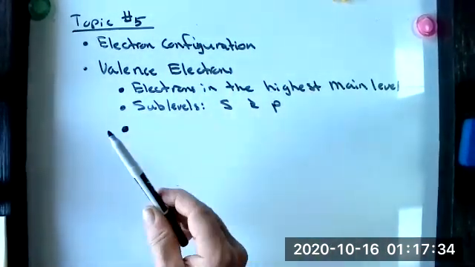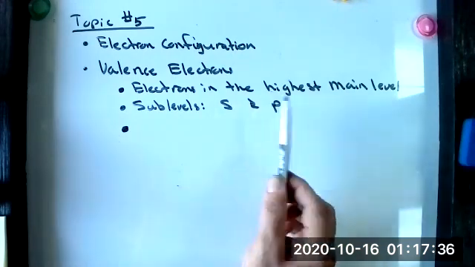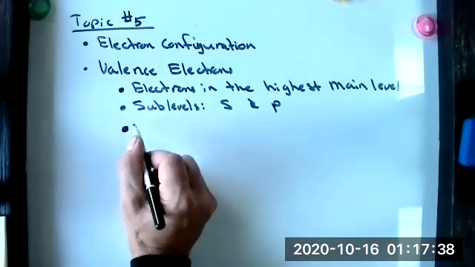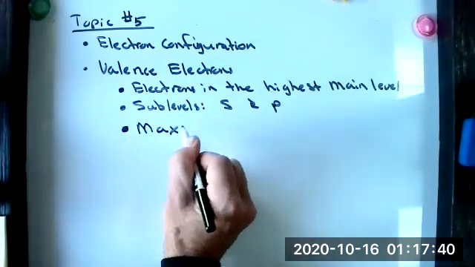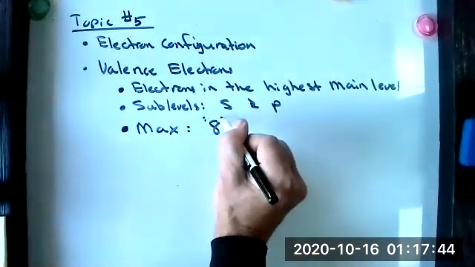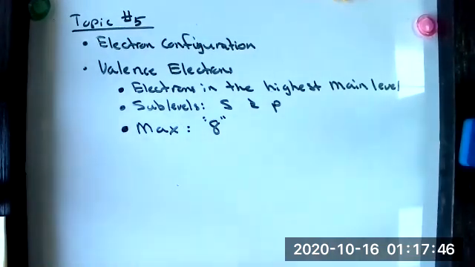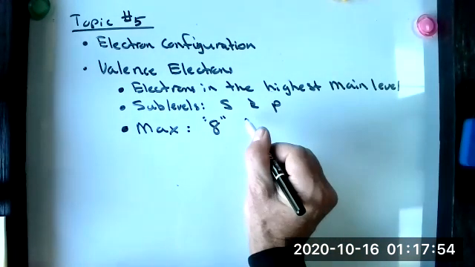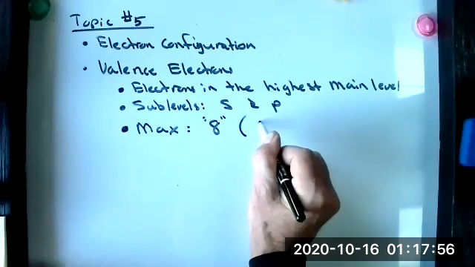And I think some of you know this. Well, if these are the only 2 sublevels involved in valence, then there can only be a maximum of 8. That's it. If you have a valence of 9, 10, or beyond, something's wrong. You grabbed the wrong sublevels. And I think some of you already see where the 8 comes from.